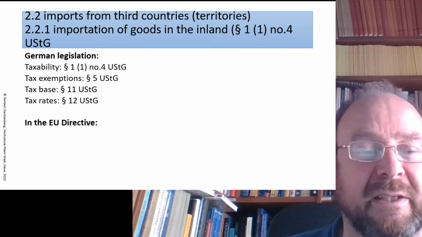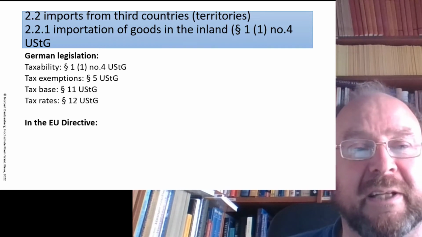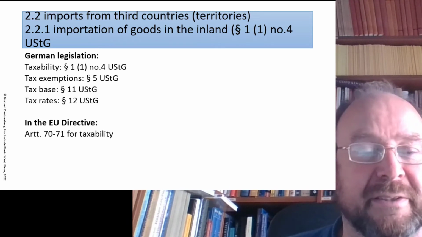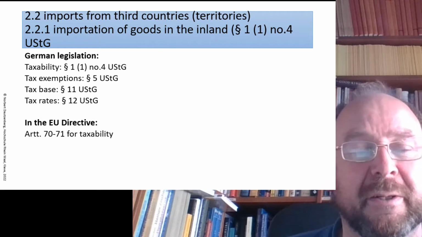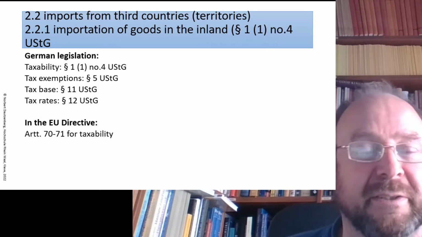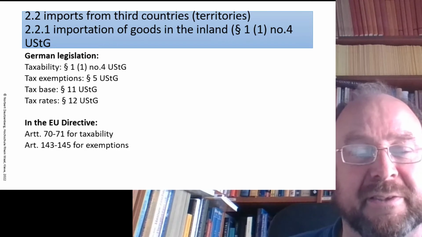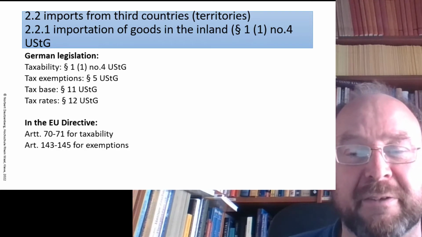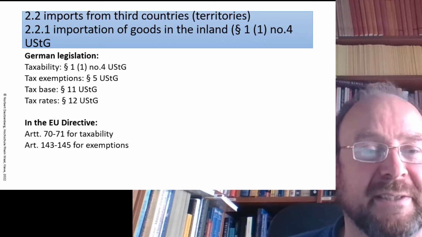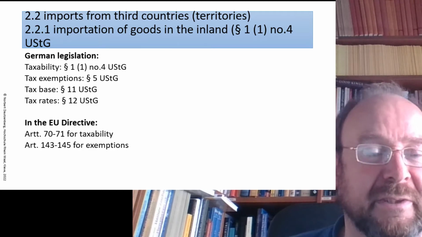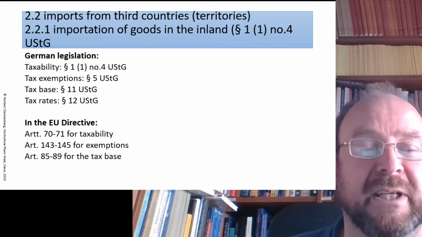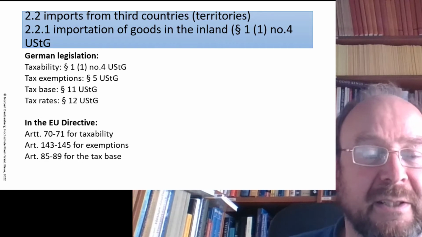Well, in the EU directive, you find the underlying EU legislation in Article 71 for taxability. Tax exemptions will be found later in Articles 143 to 145. And when it comes to the tax base relating to importation cases, there you find them in 85 to 89.